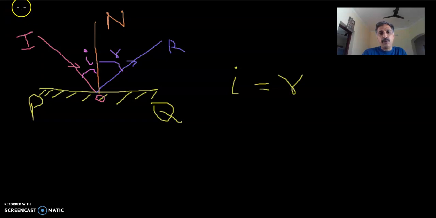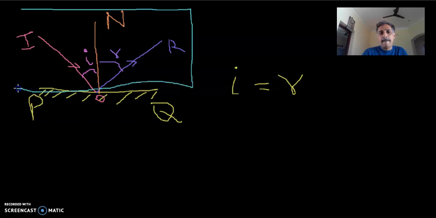So this is going to be in the same plane. If this is the x-axis and this is the y-axis, then this is an xy plane. All three will lie in the same plane. So the incident ray, the reflected ray, and the normal lie in the same plane, say the xy plane.